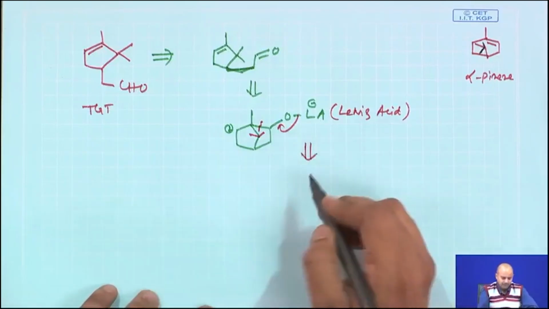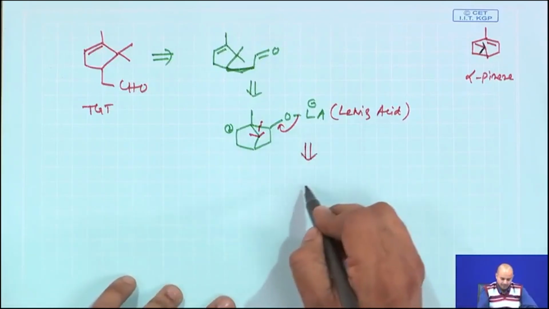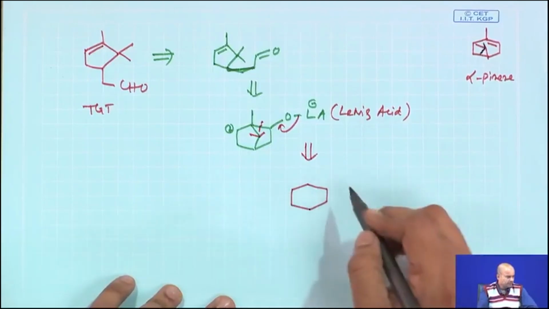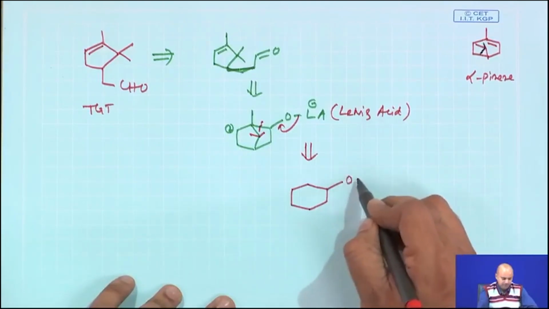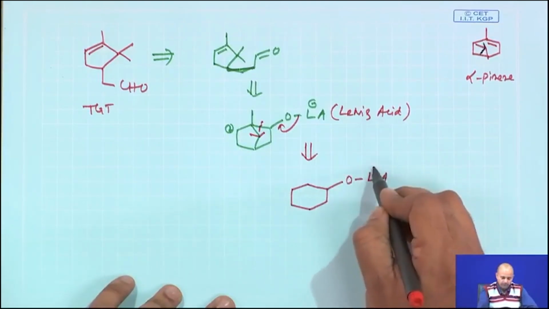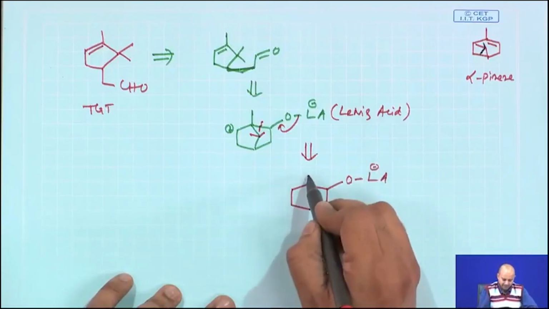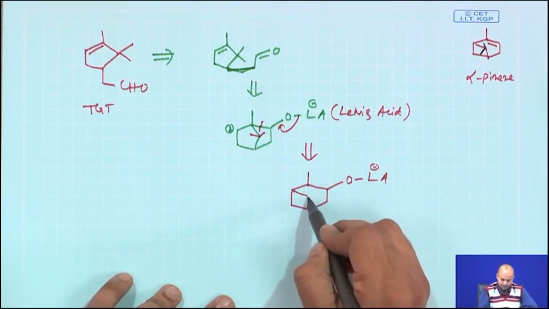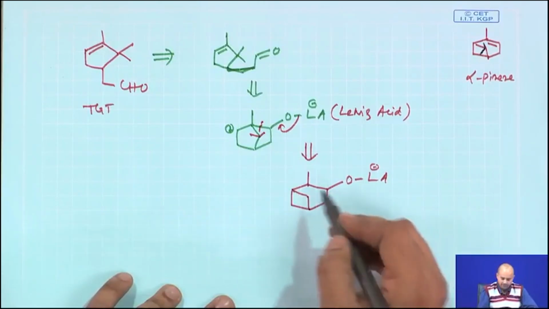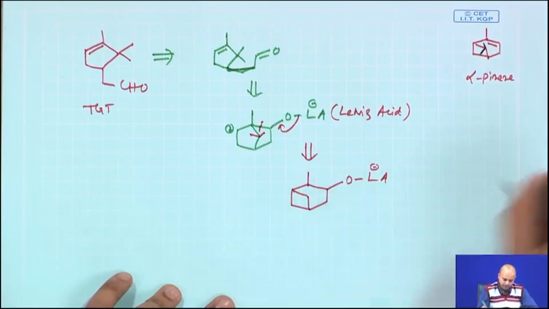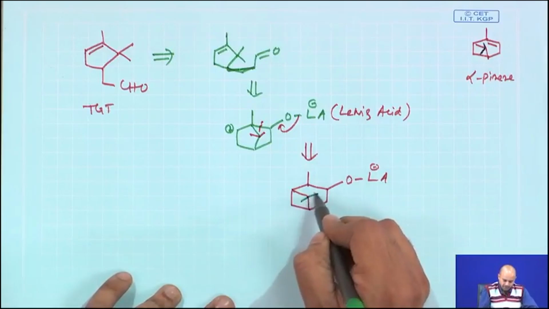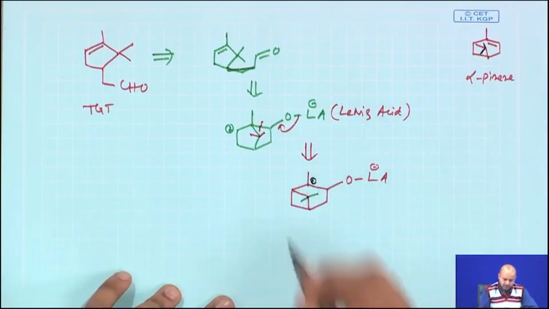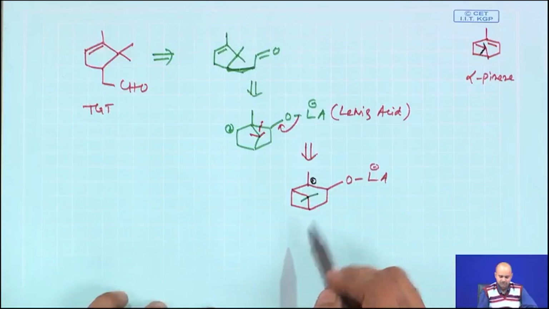The next retro is, I said, okay, this oxygen is coordinating with the Lewis acid, fine, and now what I am doing is rearranging another carbonium ion in this way, putting this methyl here, and now I am saying that this carbonium ion has this structure.